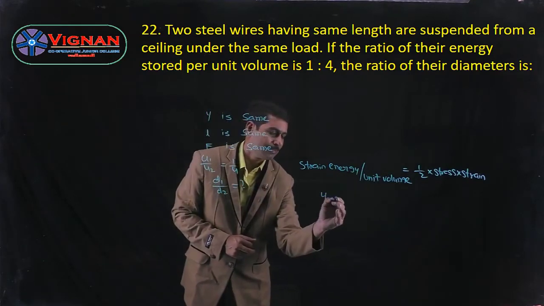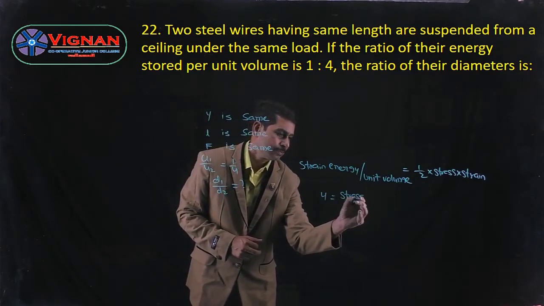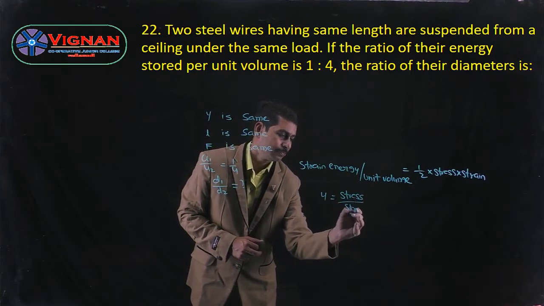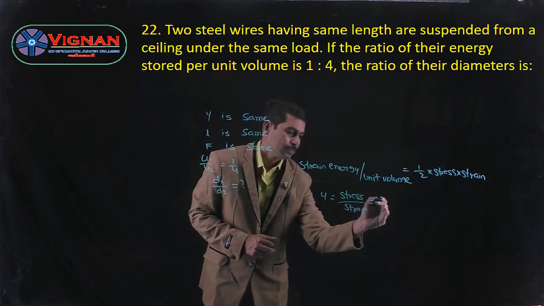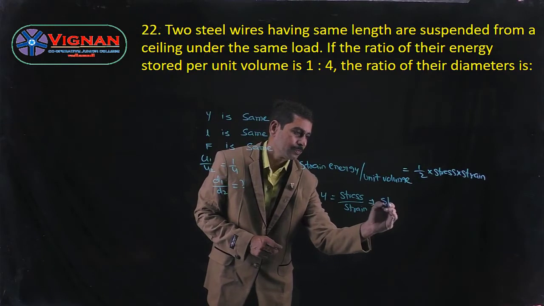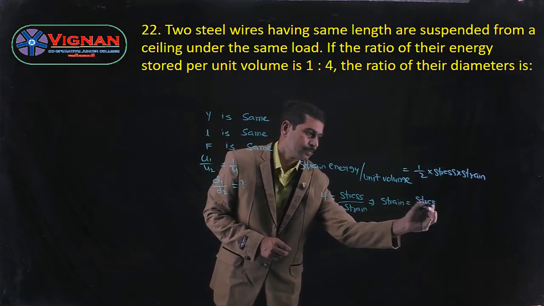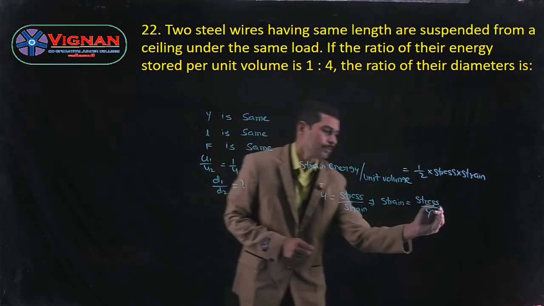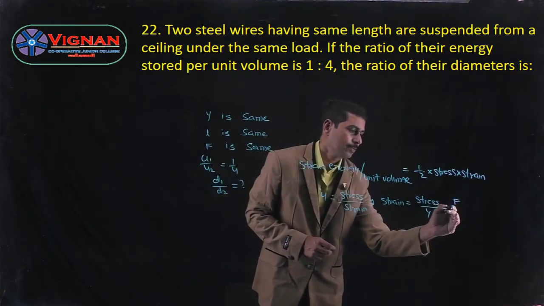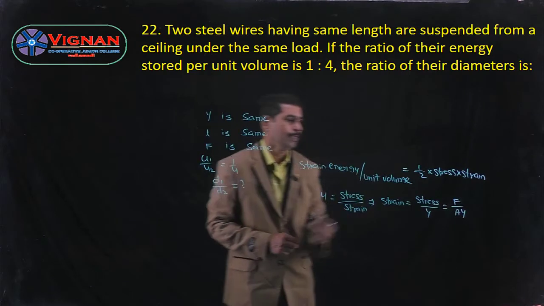Y is given as stress by strain, so strain becomes stress by Y. Stress is nothing but force by area, so strain is F by AY.